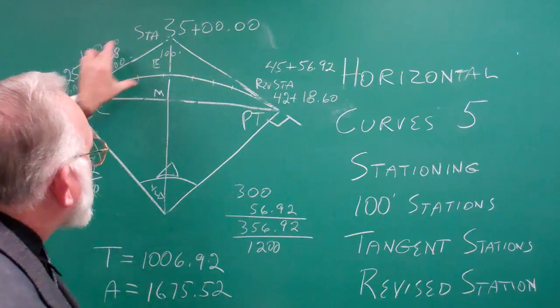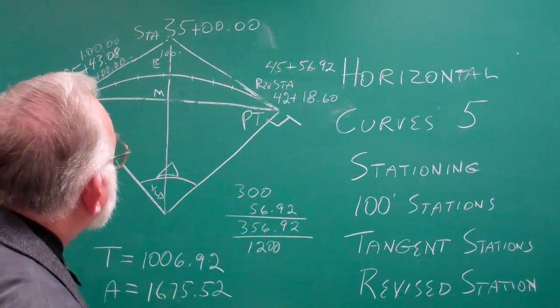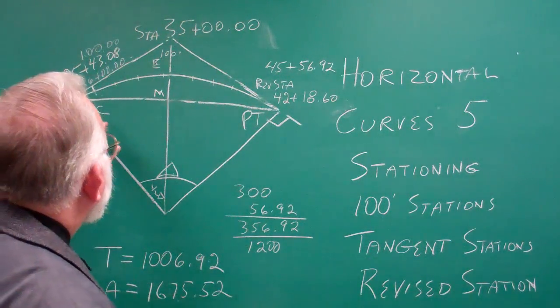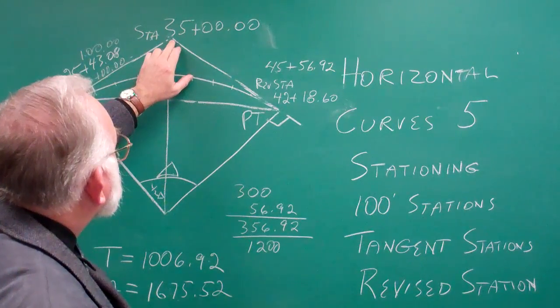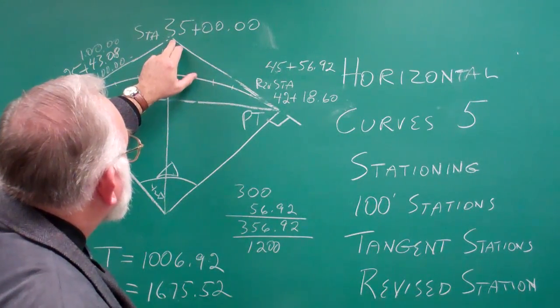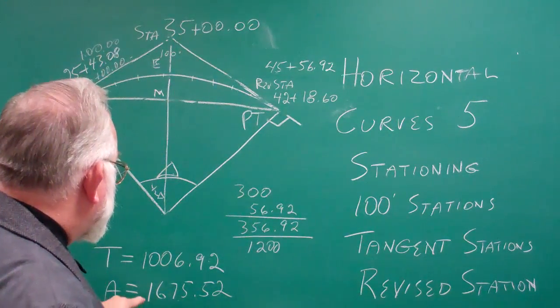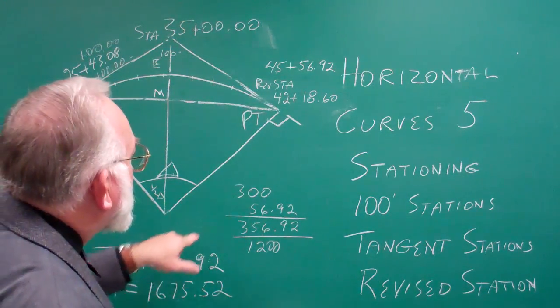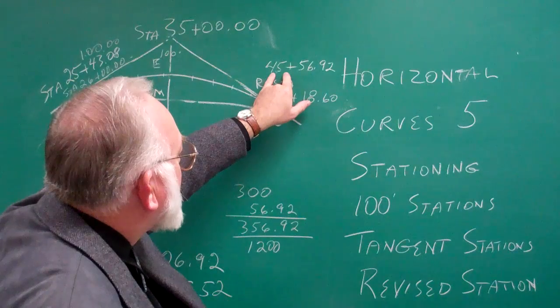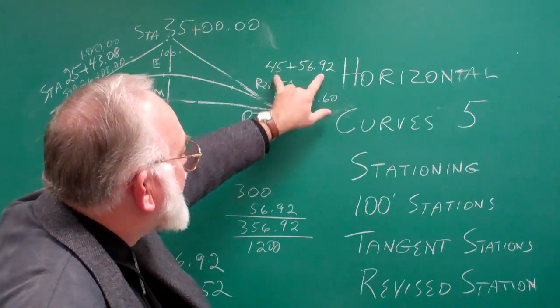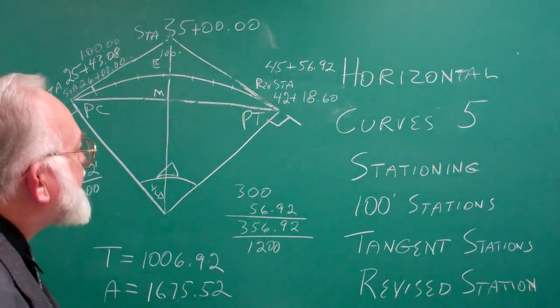Usually it's on the center line of the road. So what you do is take this PI of 35 plus 00.00, add the tangent length to that, and you get station 45 plus 06.92, and that's going to be on the plans.